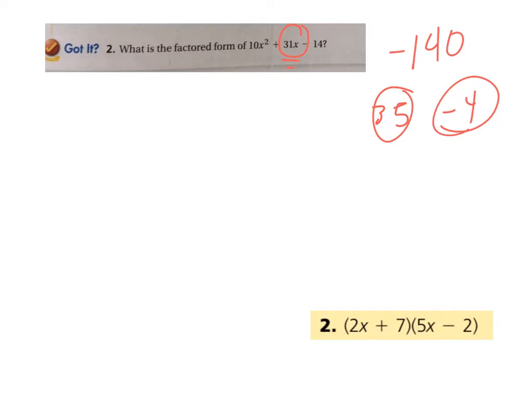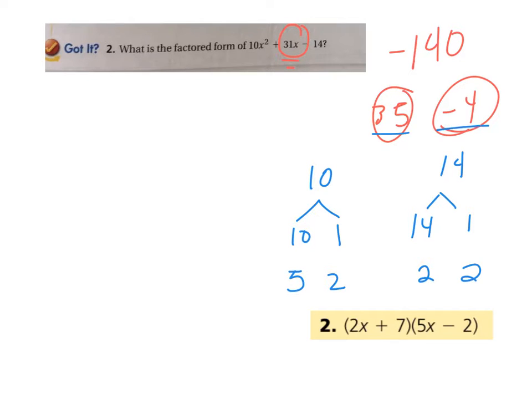So that means I'm going to take my factors of 10 and my factors of 14, and try to create a 35 and a negative 4. So 10, I have 10 and 1 and 5 and 2. And 14, I have 14 and 1 and 2 and 7.